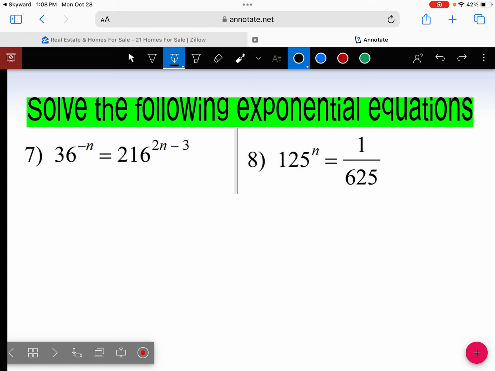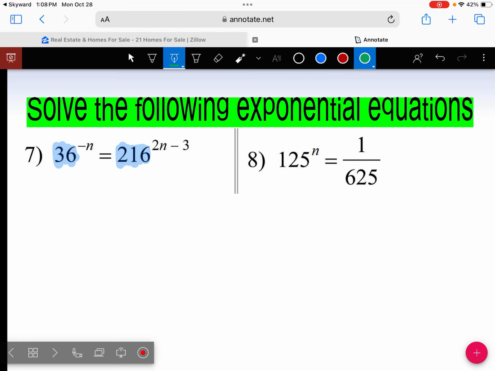So again, the hardest part is figuring out the base. Sometimes you only have to change one side. And sometimes you have to change both sides. So what do you think your common base is going to be for 36 and 216? Six. Who says 6? I agree.